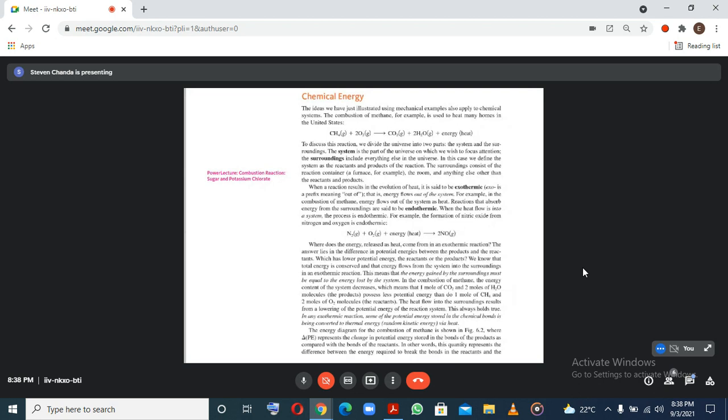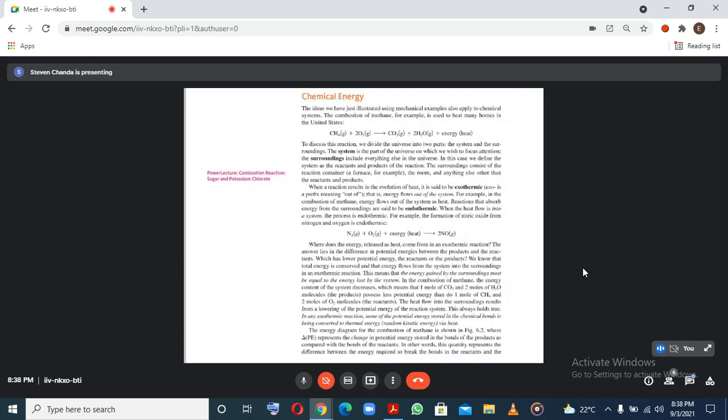Now remember, where does the heat that is produced in an exothermic reaction come from? The key thing is that there's a difference in potential energies between the products and the reactants. Remember then which has the lower potential energy, the reactants or the products. We know that total energy is conserved and that energy flows from the system into the surroundings in an exothermic reaction.